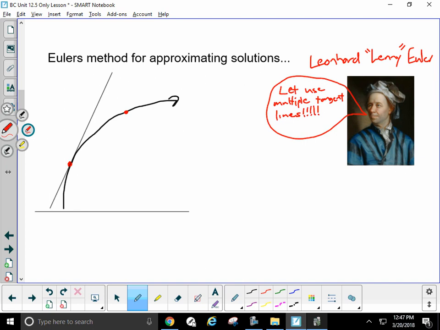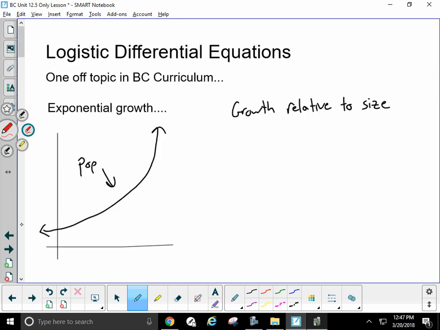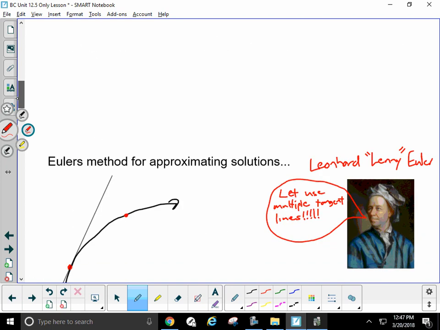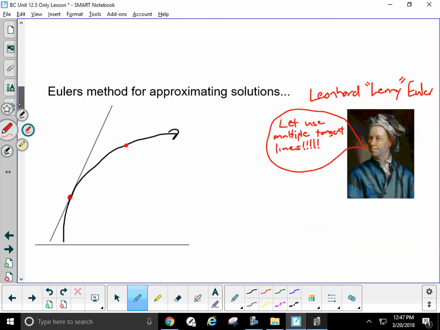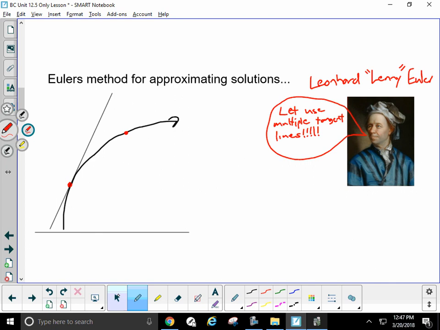Okay. He said, let's look at this function. This is a different function here. If I use this tangent line to this function with this extreme concavity, well, my approximation is going to be all the way up here, and it's going to be way off the actual.